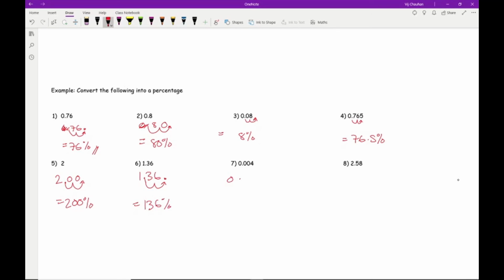And with 0.004, again I'm going to move the decimal point 2 places, so it becomes 0.4%. And finally with 2.58, the decimal point is there, I'm going to move it 2 places, so it becomes 258%. And there we go.